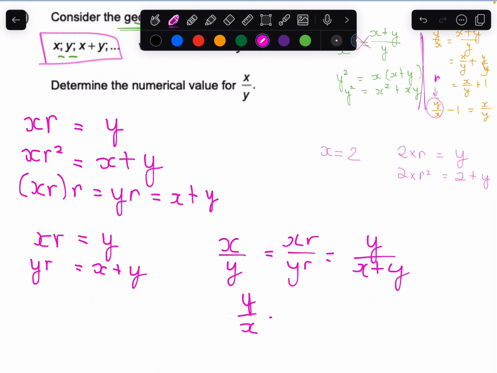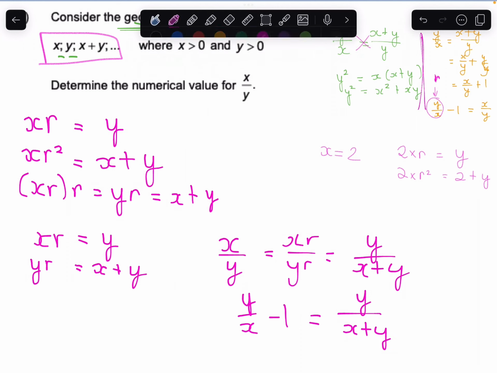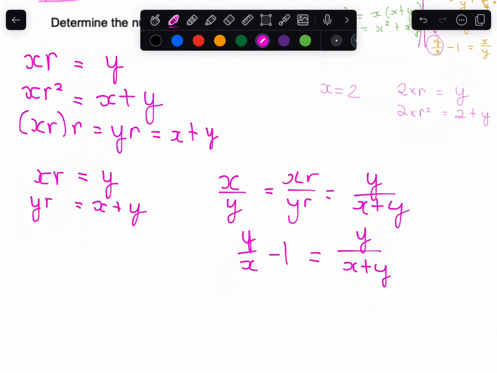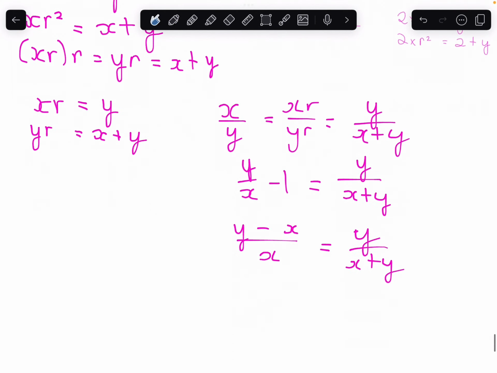Y over X minus 1 is equal to Y over X plus Y. So we have y minus x over x is equal to y over x plus y. I don't know if this is doing anything for us, but let's prevail with the madness.